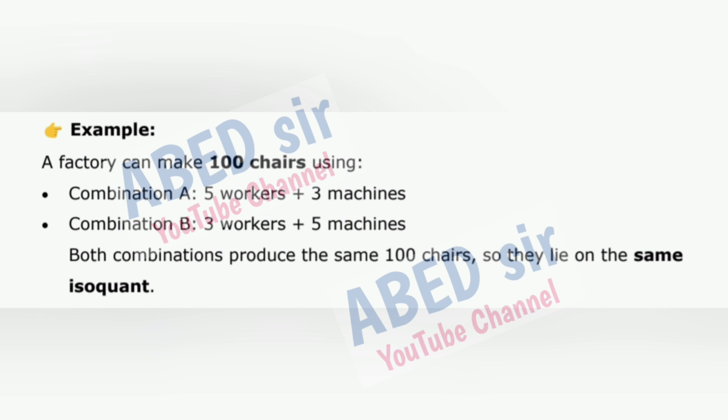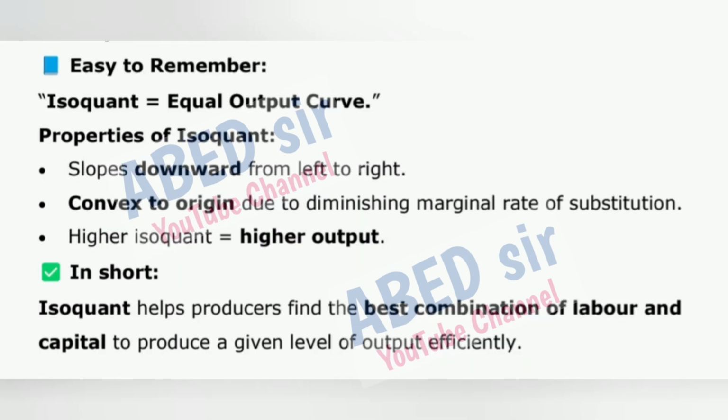Example: a factory can make 100 chairs using combination A, 5 workers plus 3 machines, or combination B, 3 workers plus 5 machines. Both combinations produce the same 100 chairs, so they lie on the same isoquant. Easy to remember: isoquant is equal output curve.